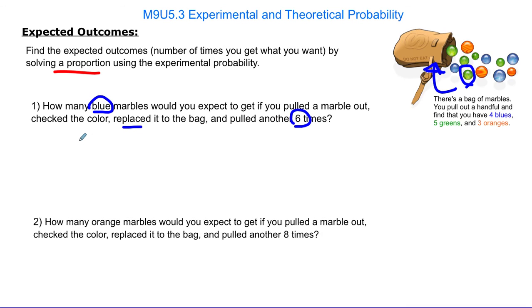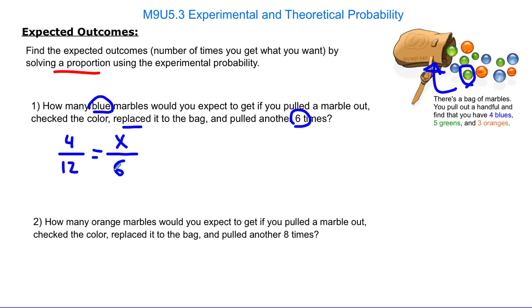So if we did that once, you would expect that out of 12 there were 4 blues, or 4 blues out of 12, right? And you could simplify that. I'm going to do this with this unsimplified fraction for now. I know that's going to equal this same proportion: if we pulled 12 times, we'd expect 4 of those marbles to be blue with replacement. So if we pulled 6 times, we could expect x, and naturally this is half, so this should be half.